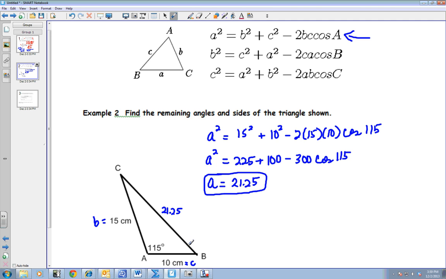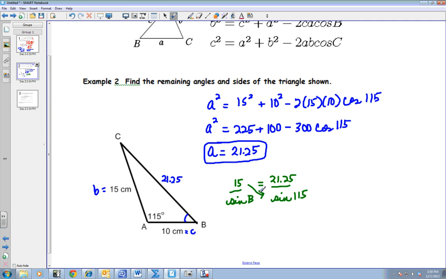Now I can find a missing angle if I want. So let's find angle B. I'll do this in a different color. So I'm going to use law of sines. 15 over the sine of angle B equals, and we'll do A over sine A, 21.25 over the sine of angle A, which is 115.